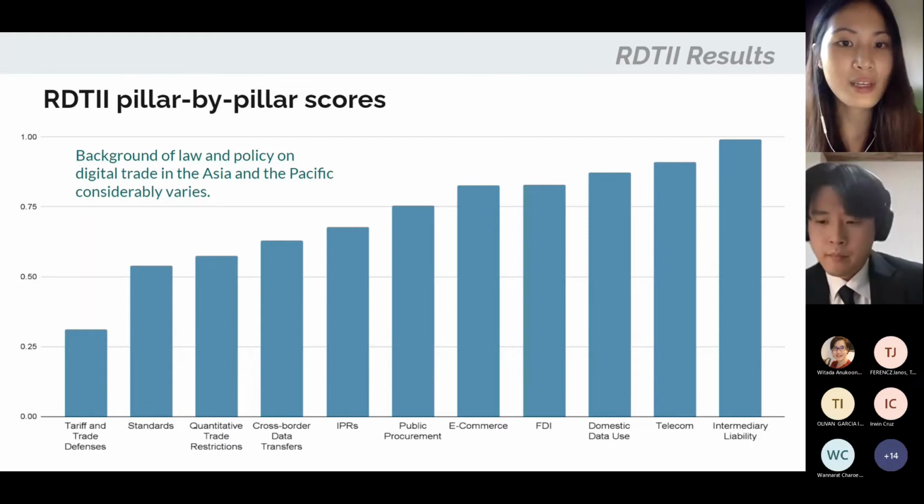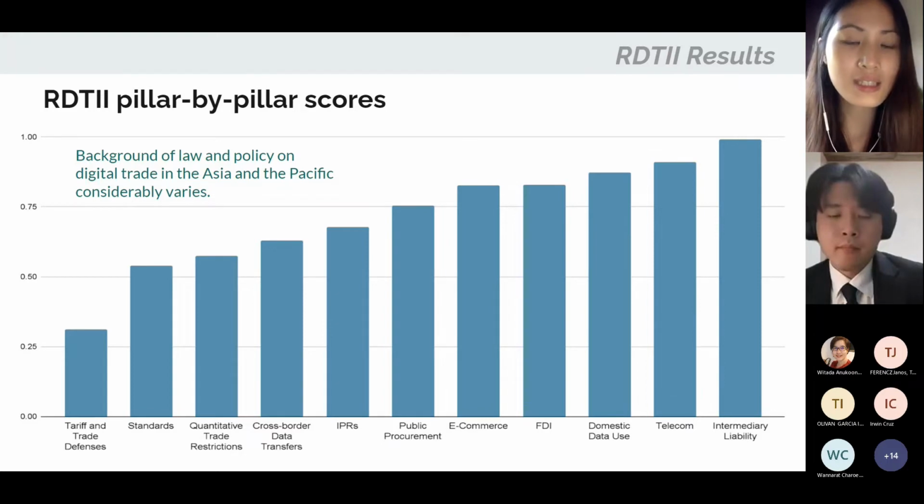This difference in the level of digital regulation could reflect diversity in openness toward digital trade, which could lead to high costs for regional trade integration.